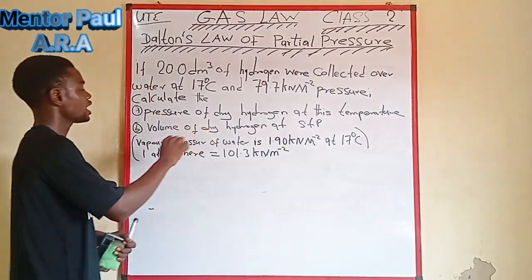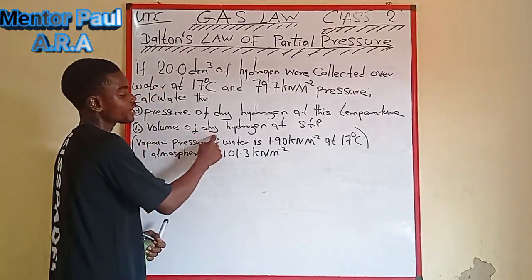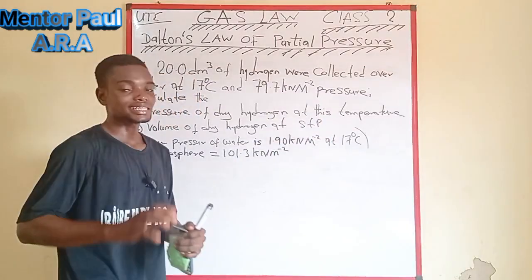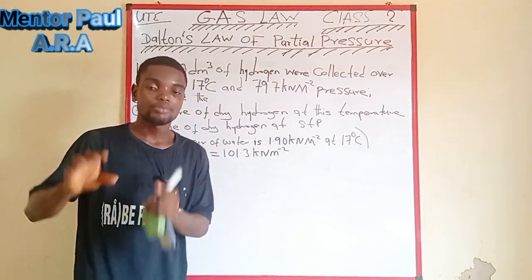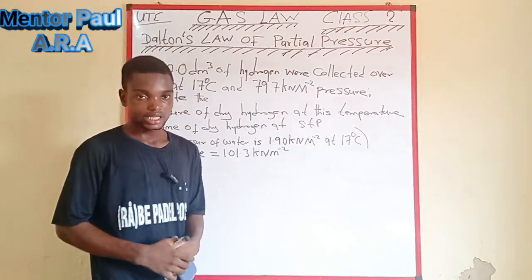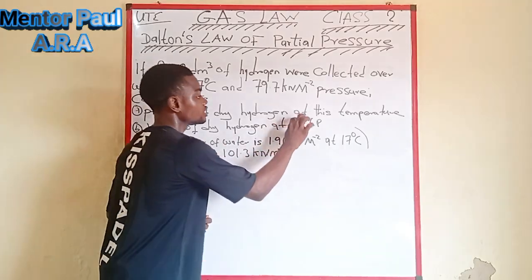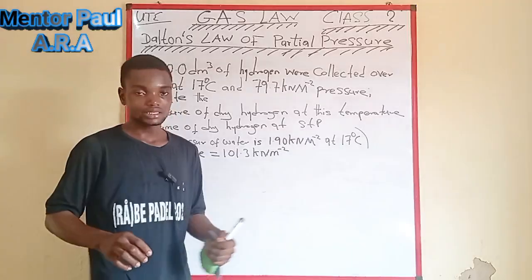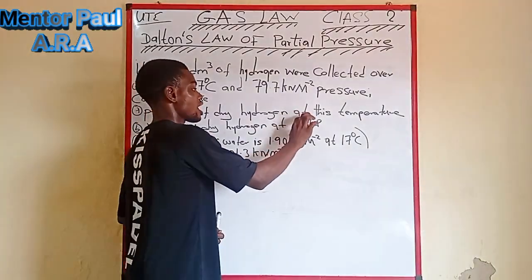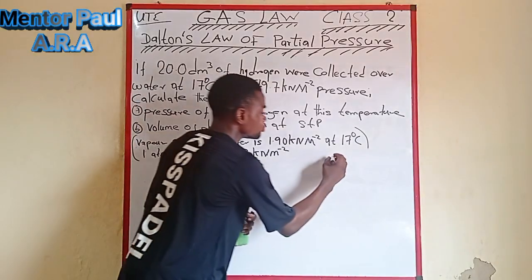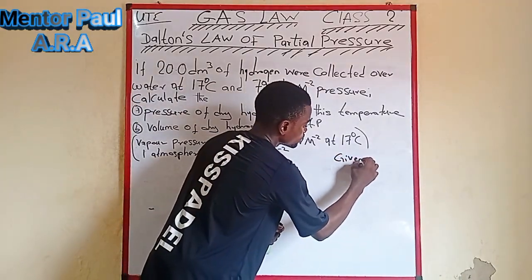Now in part B, we have the volume of dry hydrogen at STP, that is standard temperature and pressure. But first of all, let us write what we have at not this condition. That is, when this condition has not yet come, what do we have? So now we have to state the given data.